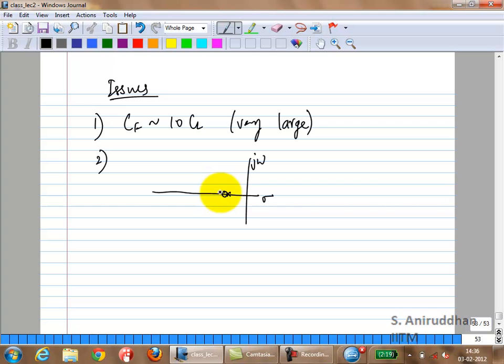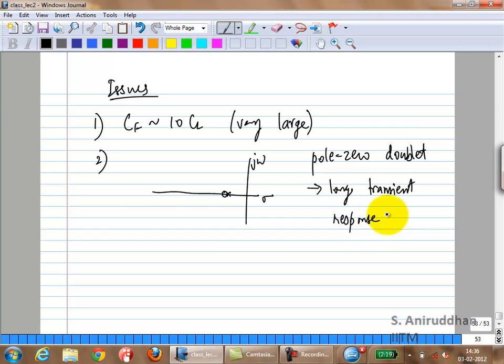The smaller it gets, the longer that component will take to settle. Okay, so that is a potential problem. So that is the source follower.